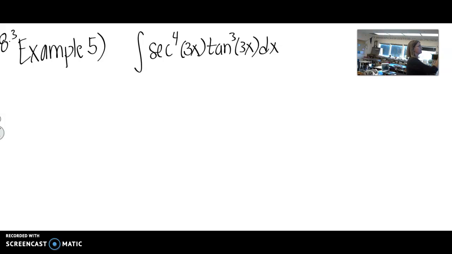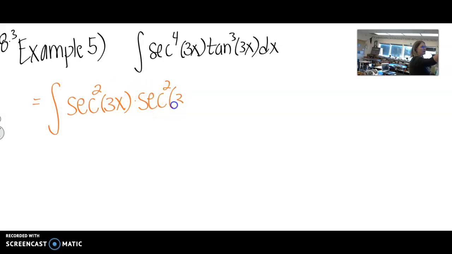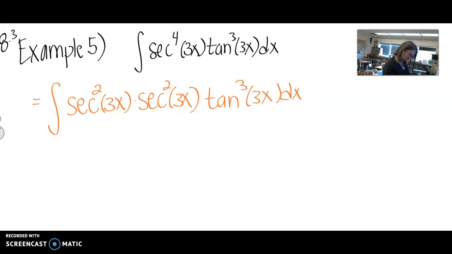So here's how this works. We're going to split up our secant. So it's secant squared of 3x times secant squared of 3x, and then we have tangent cubed 3x dx. All right, and then we can convert to tangents.